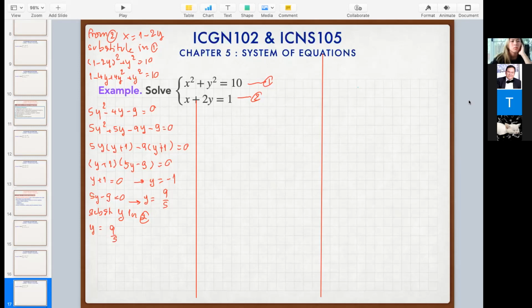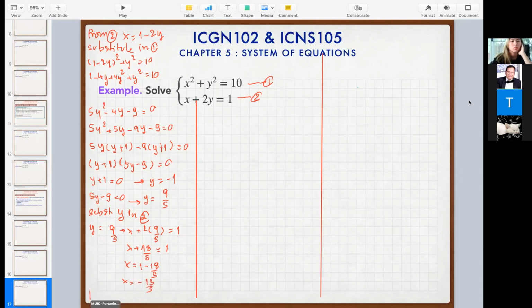Then we get x plus 2 times 9 over 5 equals 1. x plus 18 over 5 equals 1. x equals 1 minus 18 over 5. x equals negative 13 over 5.